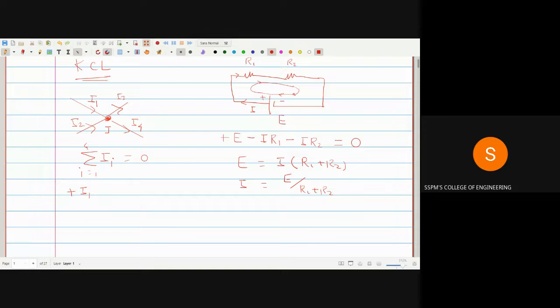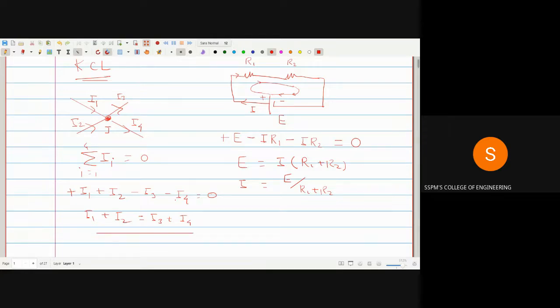Here I2 is flowing towards the junction, give positive sign. However, the current I3 is flowing away from the junction, it has a negative sign. And I4 is also flowing away from the junction. And the sum of the current is equal to 0. So we got the new relation, I1 plus I2 is equal to I3 plus I4.